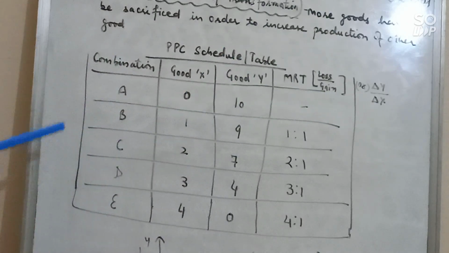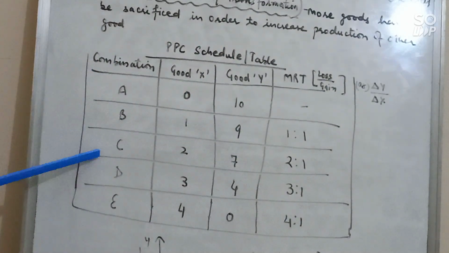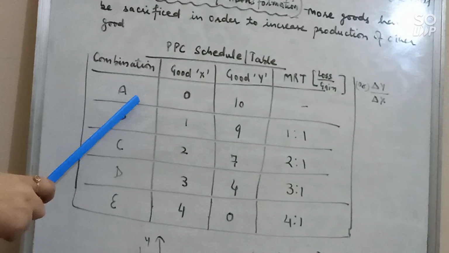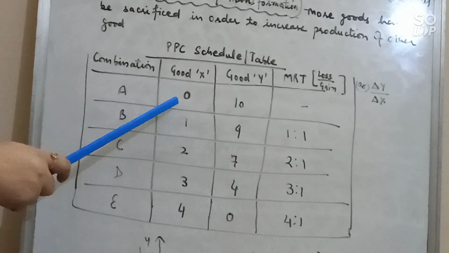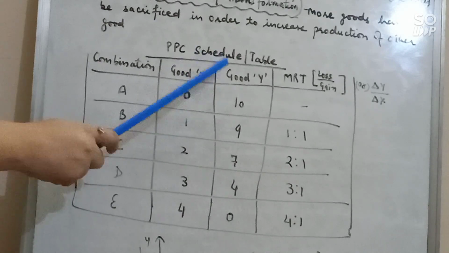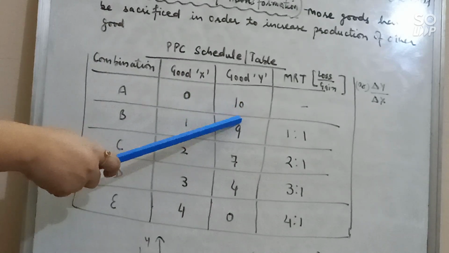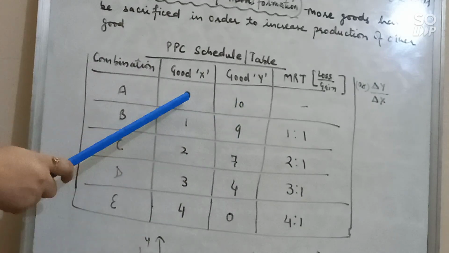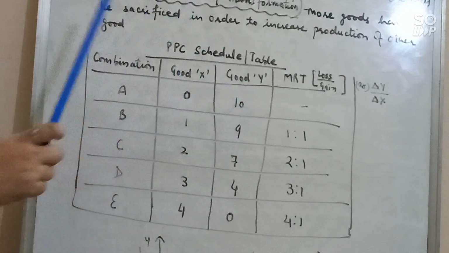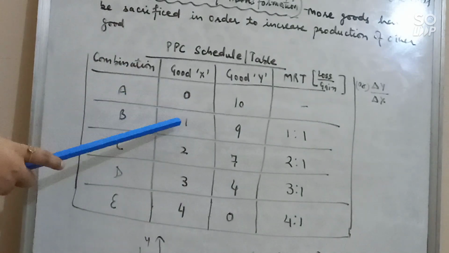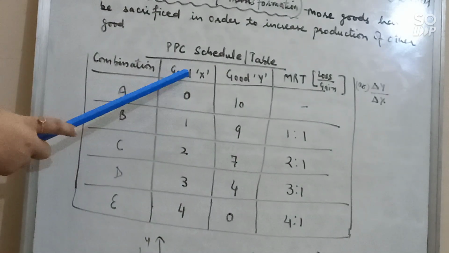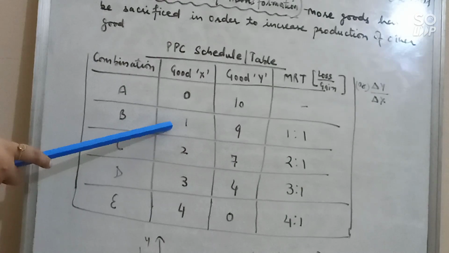Okay, so let's see. I have taken 5 combinations: A, B, C, D, E. In the first combination I have taken 0 units of X commodity. It means I am not going to produce anything of X commodity, and all the units of Y commodity, that is 10. This is the first combination: 0 units of X and 10 units of Y. Now in the second combination, to increase the production of X, I am going to increase 1 unit of X commodity.